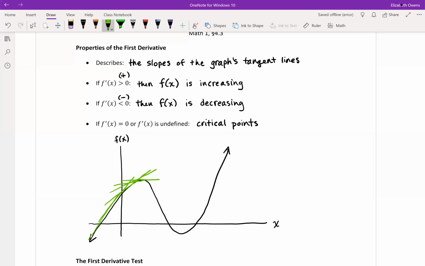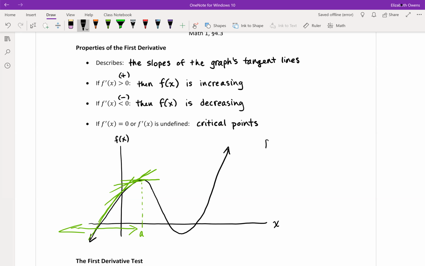So if we call that critical point right up at the top point A, perhaps, we could say that our function is increasing on the interval from negative infinity up until A. It increases that whole time. A lot of the questions in this section are going to ask for intervals of increase and decrease.